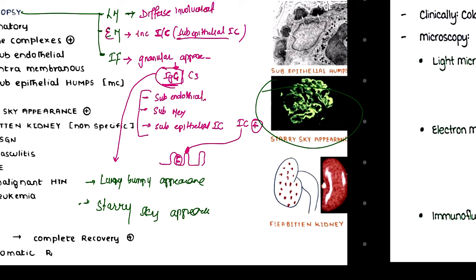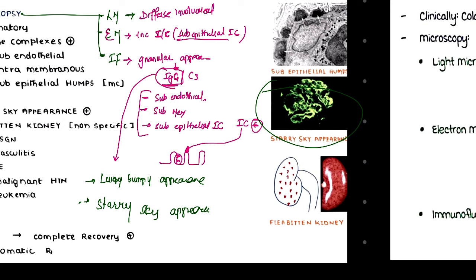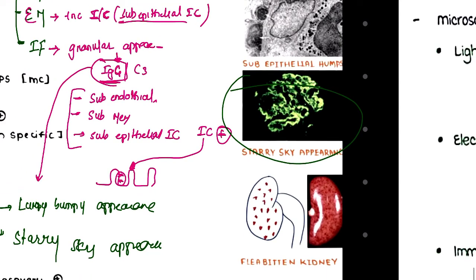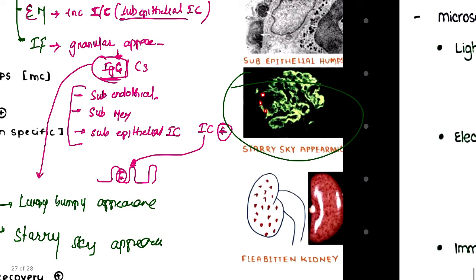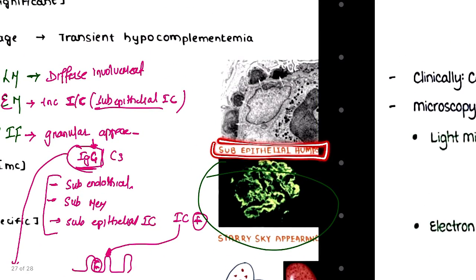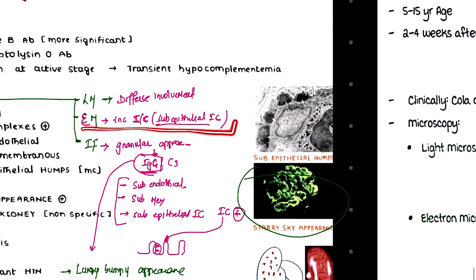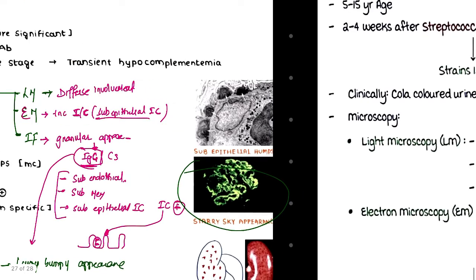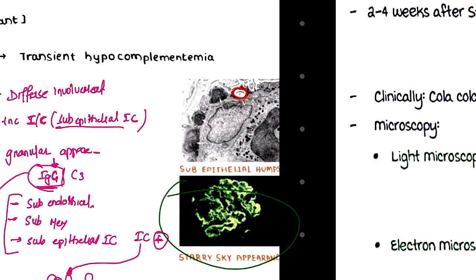You will see star-like things on a dark background, so it is the starry sky appearance. And here you can see subepithelial humps, the thing we talked about in electron microscope. These are subepithelial humps.